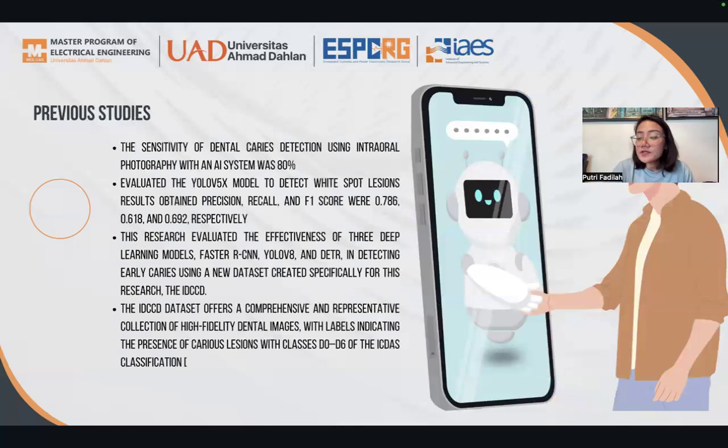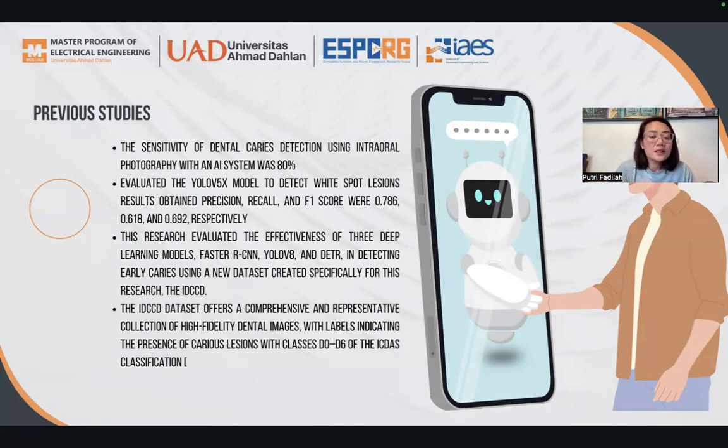The previous study shows that the sensitivity of dental caries detection using intraoral photography with AI systems was 8%, and it evaluated the YOLO V8-s model to detect white spot lesions. Spot lesions are the early lesions of dental caries.